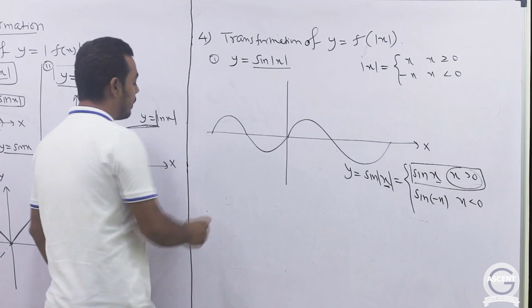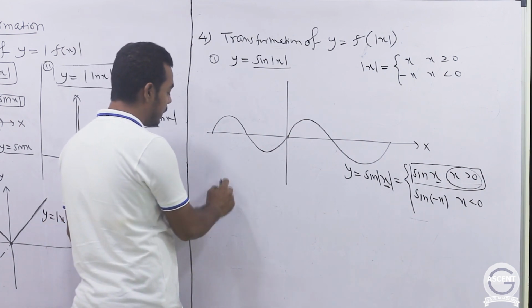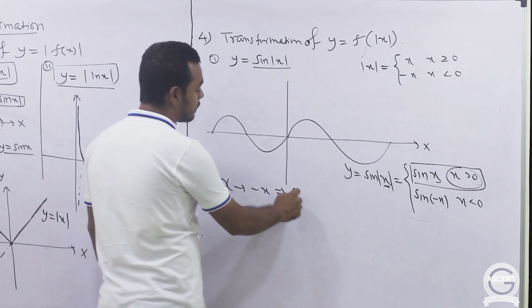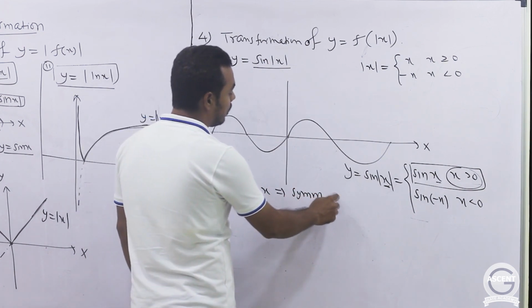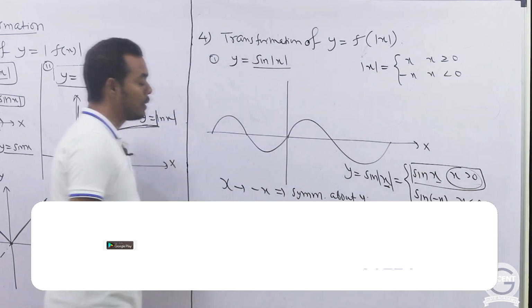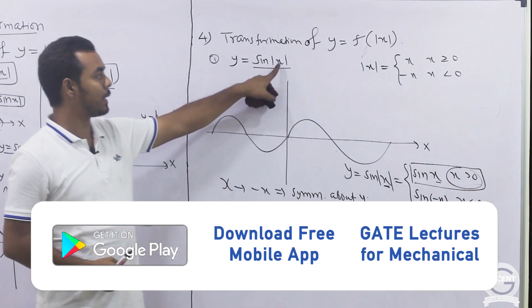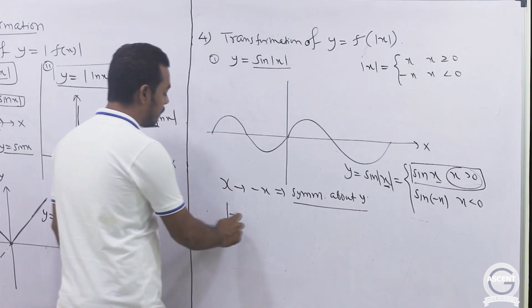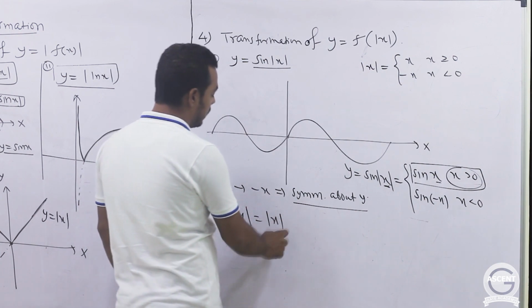We have learned one important concept: if we replace x by minus x and there is no change, this means the graph is symmetric about the y-axis. This concept we have seen earlier. Here also, if you replace x by minus x, there will not be any change, since mod of minus x is the same as mod x.